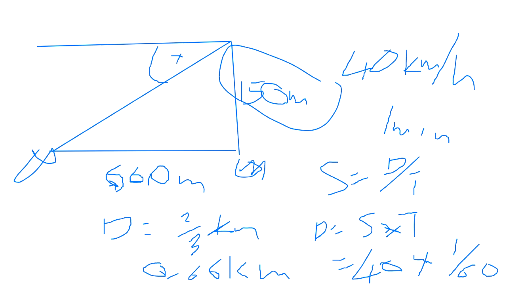Now with this 660 meters, you can see that if we can find this angle and subtract it from 90, we get this angle. So now we have our opposite and our adjacent. I can say that tan theta will be equal to the opposite, 660, over 150.